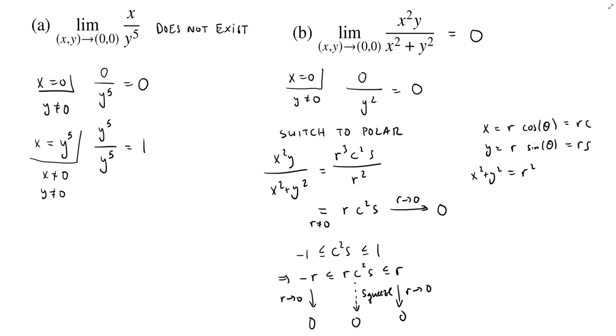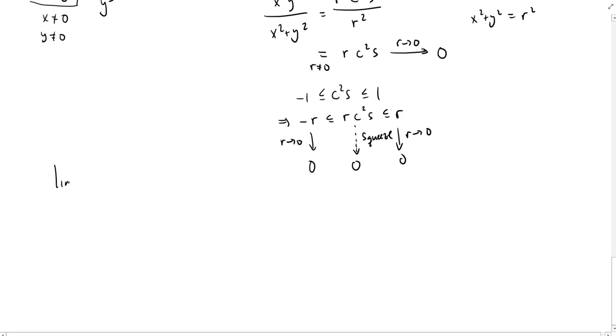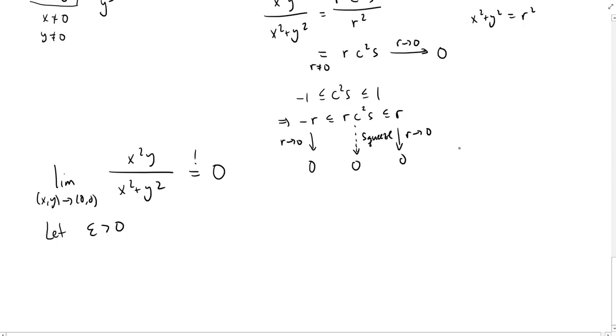Now, alternatively, if you don't want to switch to polar coordinates, we can prove this just directly using the definition of the limit. So there's many ways we could do this. Let's copy our problem down here. So we have limit as (x,y) goes to (0,0) of x squared y over x squared plus y squared. And the claim, right, is that this is equal to 0. So what we can do is we let epsilon be greater than 0.